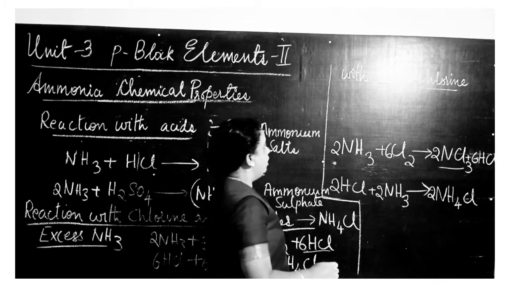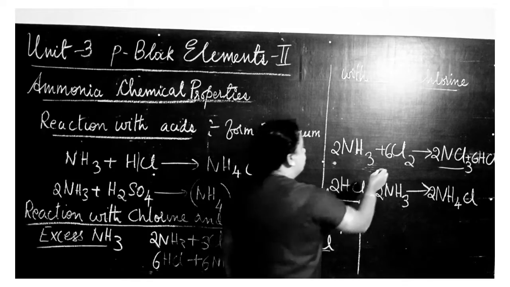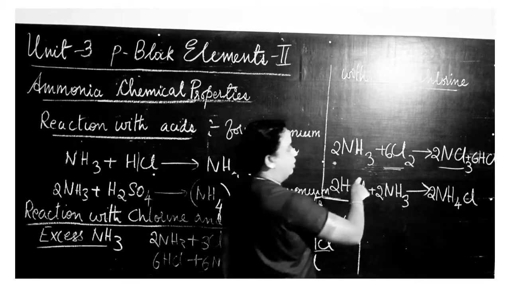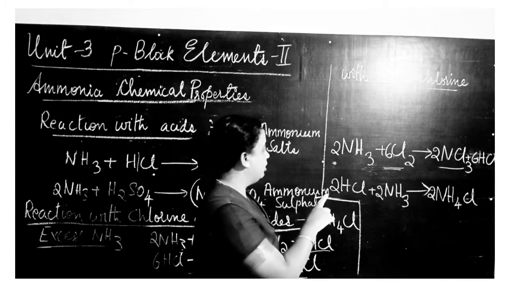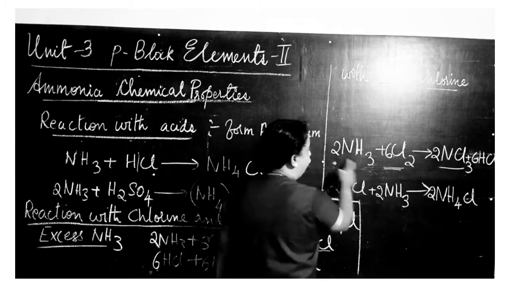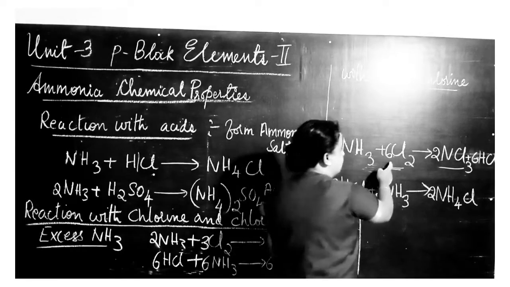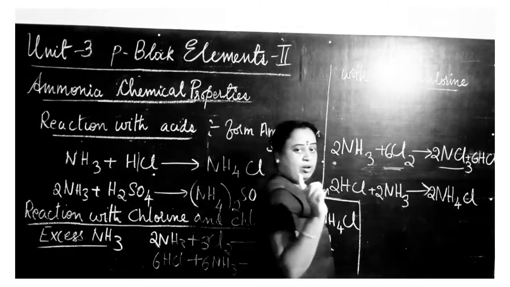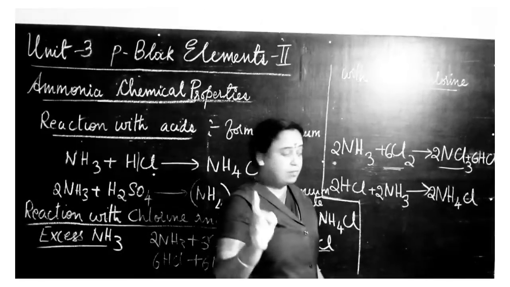Okay. So now here the chlorine is excess. So here you can see 12 chlorine atoms are involved. That is 6 chlorine molecules are involved. So when you compare with that of ammonia, here only 4 molecules of ammonia are involved in this reaction, whereas here 6 molecules, that means 12 chlorine atoms, are involved in this reaction.